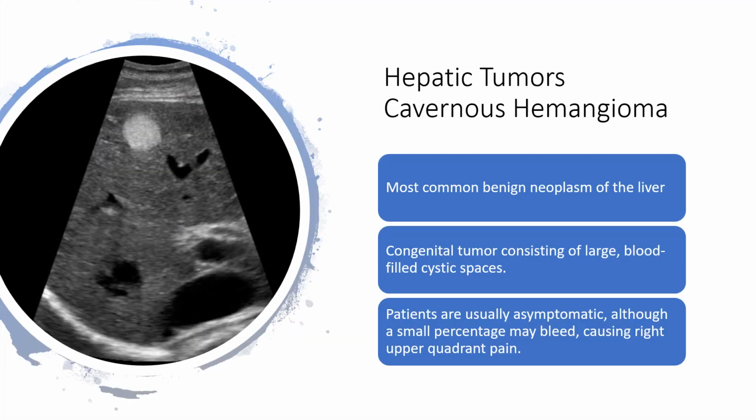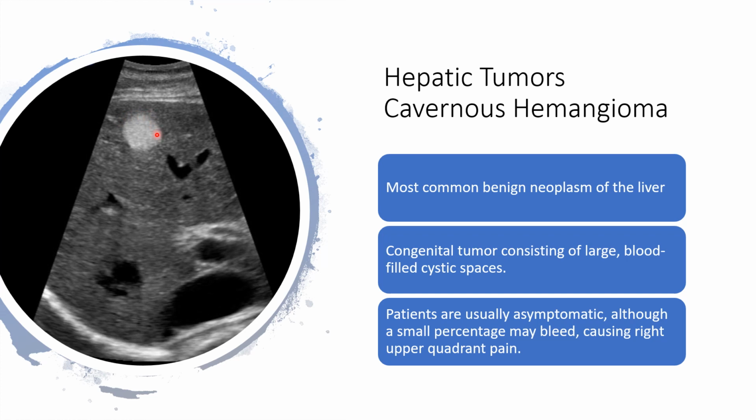That covers our cystic things. Now we're going to talk about some things that are a little more solid. So the most common benign neoplasm of the liver is going to be the cavernous hemangioma. It's a congenital tumor. It consists of large blood-filled cystic spaces. However, sonographically, it's going to appear solid. We know that it's cystic and it has a bunch of blood-filled spaces in there, but it's going to appear solid.